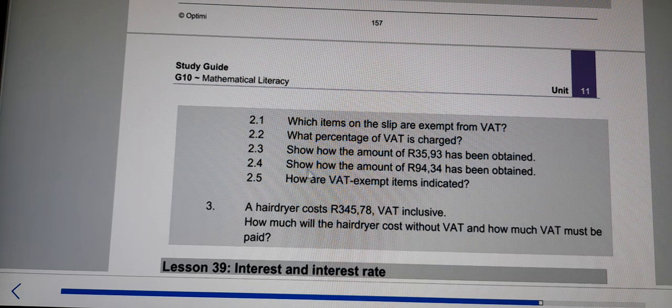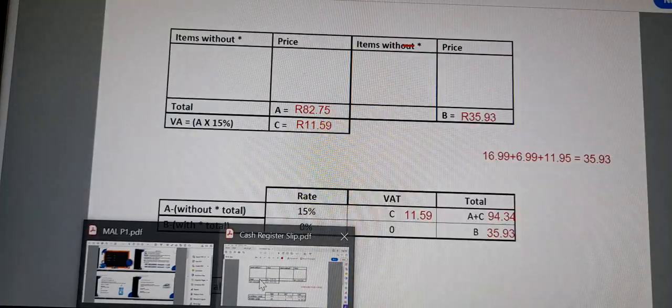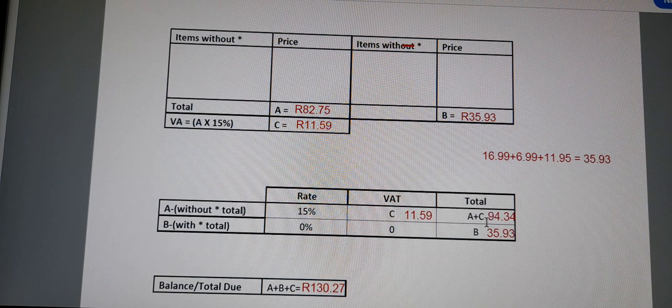Number 2.4, show how the amount of 94.34 has been obtained. Similarly, your table will tell you everything. So this is the figure. You can add all these amounts and get, what figure are they asking?